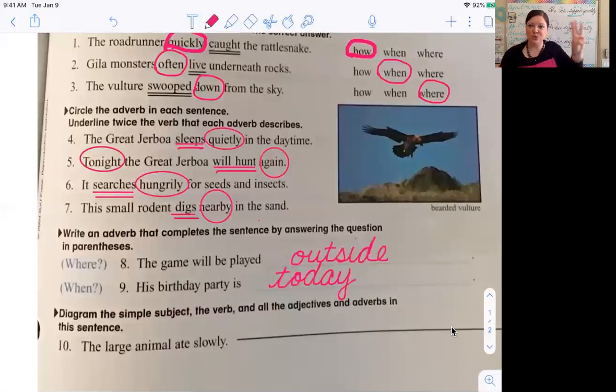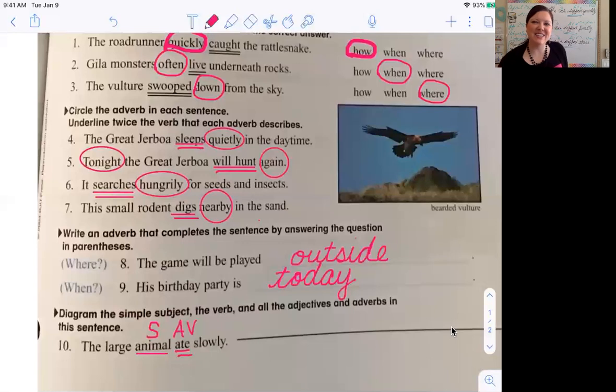Now, out of those 3 words, let's find our simple subject. Is our whole sentence about the? Is it about large? Or is it about animal? It's about the animal. The animal is the star of the show. What is the action that this animal is doing? He's eating. He ate. So we have our subject, we have our action verb.